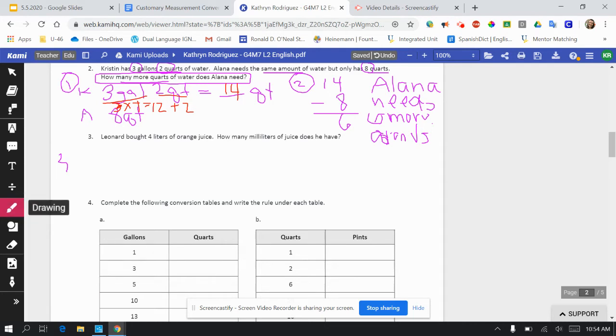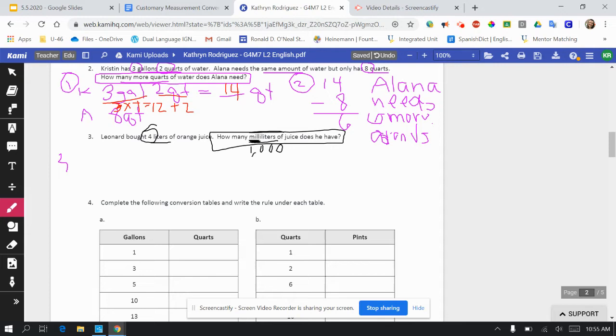There we go. Number 3, box the question. Circle the numbers, underline important information. All right, liters to milliliters. You'll remember this from Module 2. It's been a long time, but really all you need to know is this: milli. What did that mean? 1,000. Those word parts give away the answer. Pretty awesome.